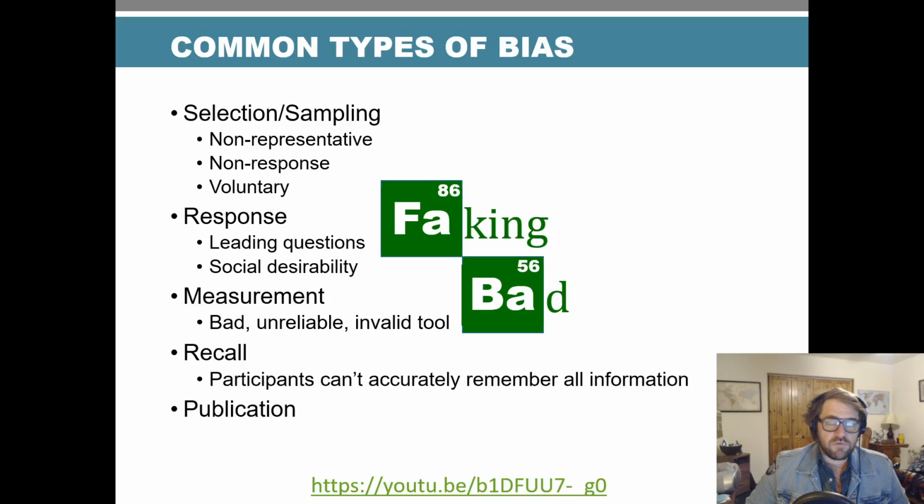Also voluntary. If you have a survey that you put out to everybody and you can just volunteer to take it, there may be a systematic bias for people that are going to take that survey. So again, you've entered something non-random into your data pool.